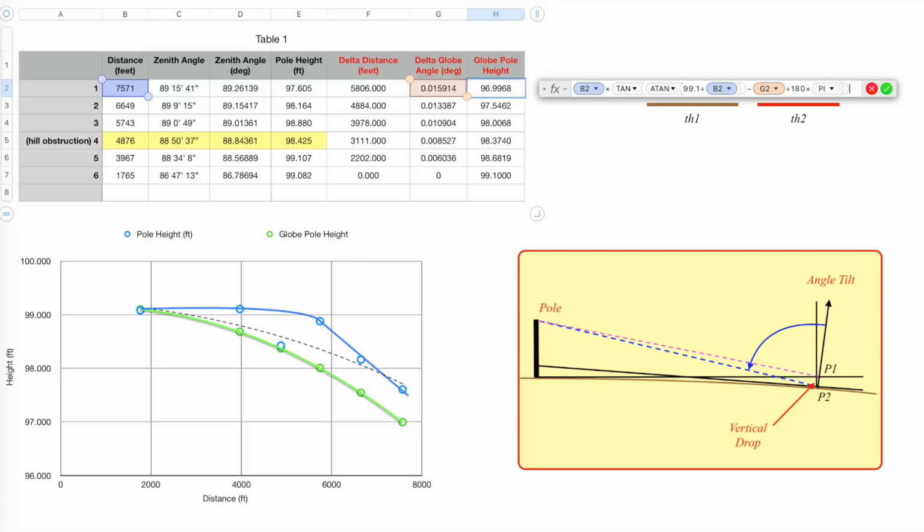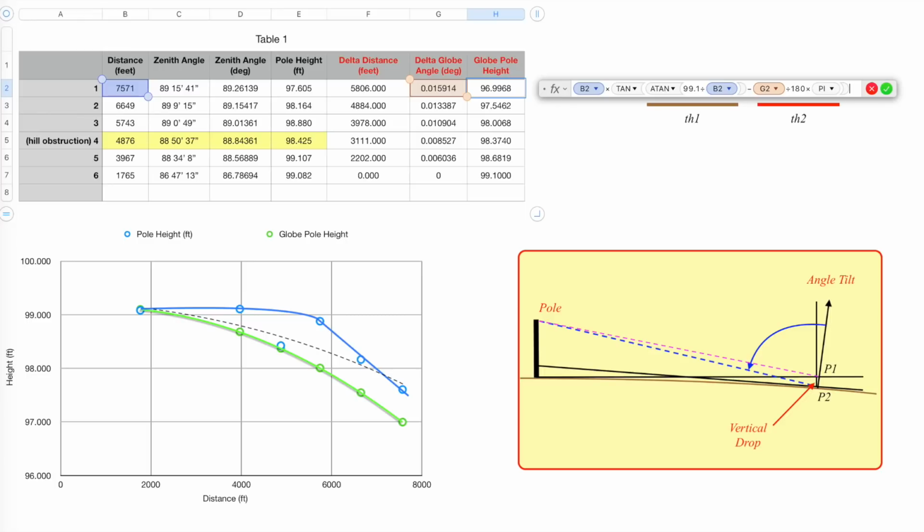So the pole would appear to be smaller. In addition, there is a vertical drop as well, thus making the pole appear larger. So the two calculations work against each other. So the final answer is the dotted black line in the graph on the left.